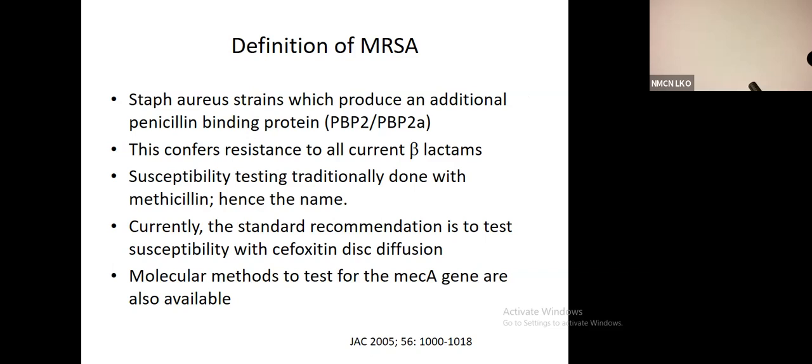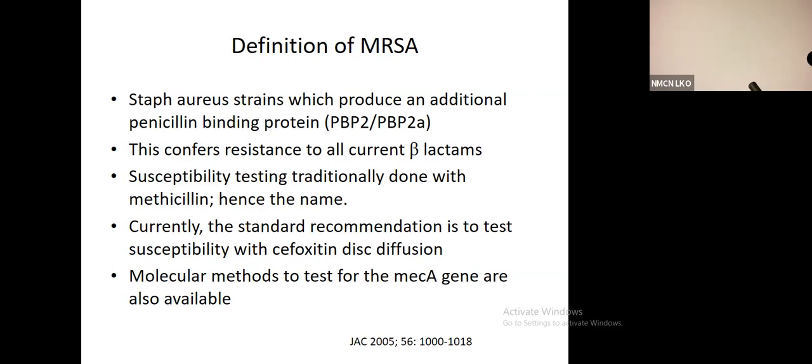Now, what is MRSA? Basically, Staph aureus strains produce an additional penicillin binding protein. Because of that, the antibiotic that we give will not attach to the penicillin binding protein, and this confers resistance to all current beta-lactams.